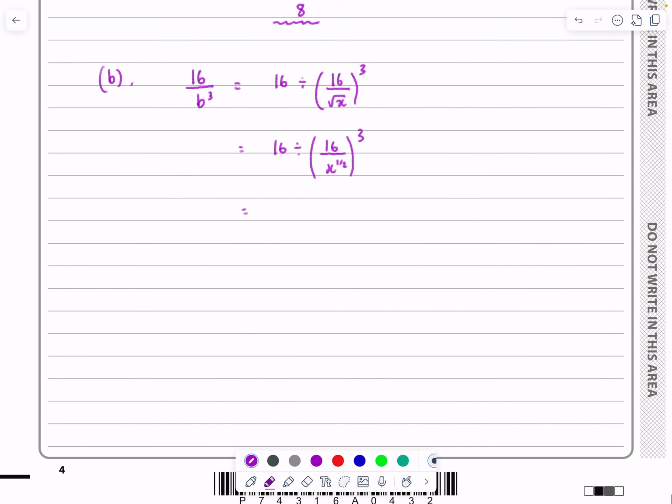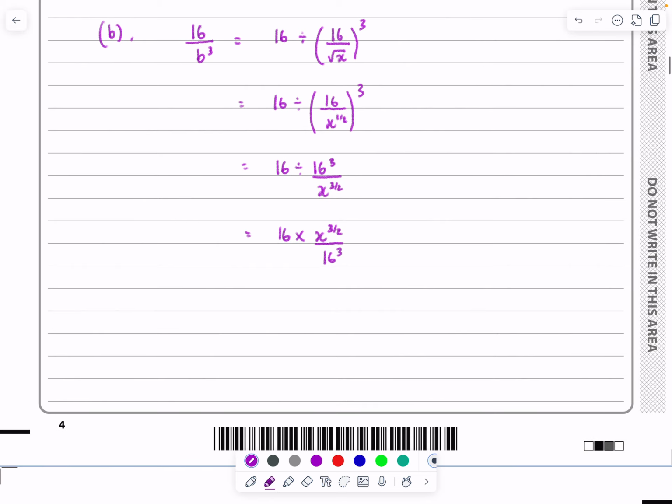Then we can actually multiply out that bracket, so we get 16 divided by... Now, I'm not going to do 16 cubed yet, I'm just going to leave it as 16 cubed in case things cancel, which they will do. And then if I'm multiplying a half by the 3, I'm going to get x to the 3 over 2. So as I say, taking quite a few steps here, you might just shorten some of them. If you divide by a fraction, it's the same as multiplying by that fraction turned upside down. So that's the next step that I'm going to do.